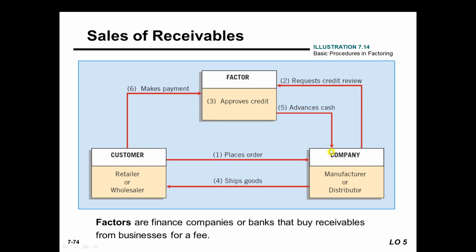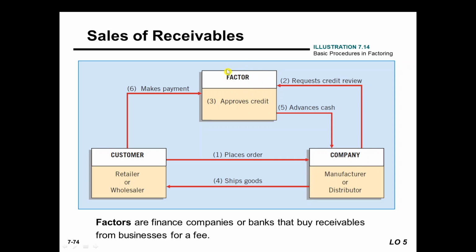Let's say here the company is Telkomsel. Telkomsel has a customer here. The customer receives services from Telkomsel. So the customer should have paid the company, but the company factors it to another company. It is called a factor.